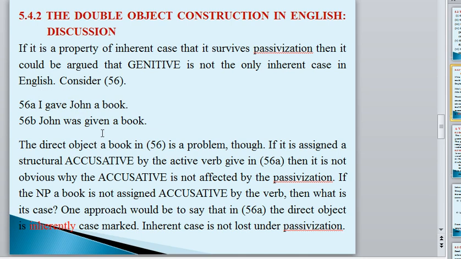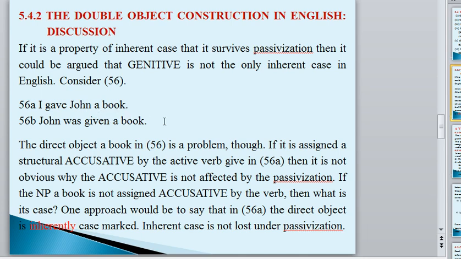The direct object, a book, here you see in 56, is a problem, though. If it is assigned a structural accusative case by the active verb in 56A, then it is not obvious why the accusative is not affected by the passivization. If the NP a book is not assigned accusative by the verb, then what is its case?